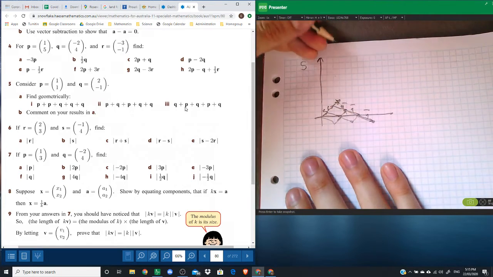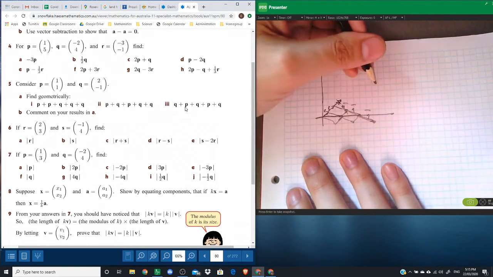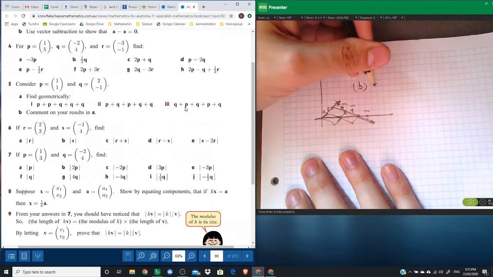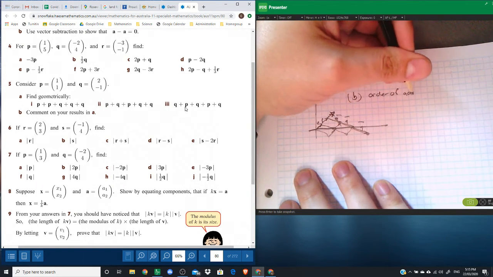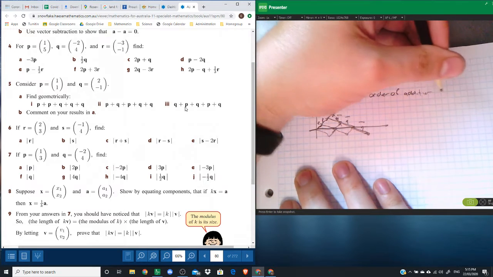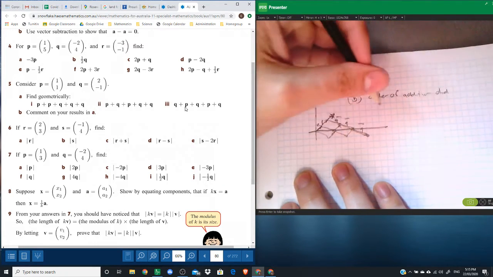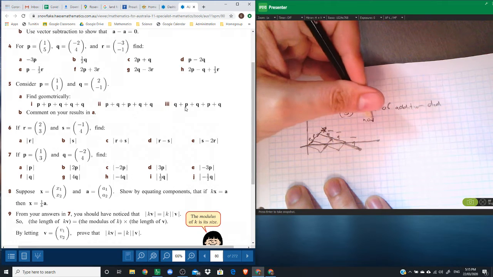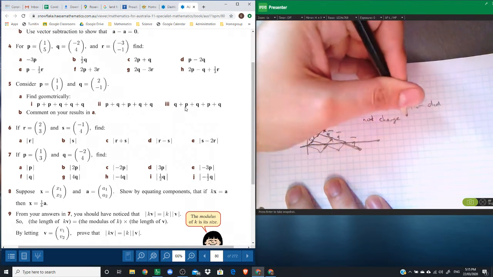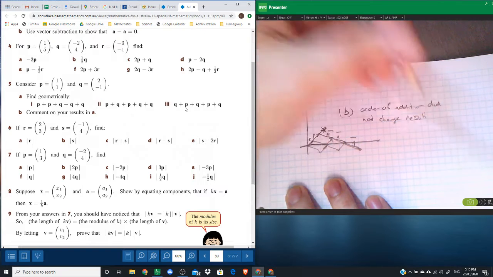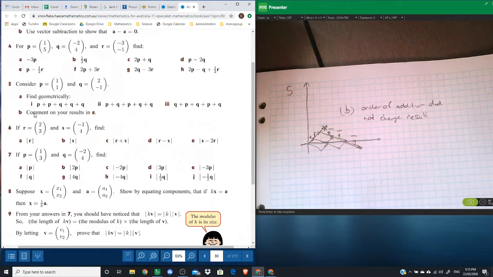So what we can see from part A and part B is that the order of addition did not change the result, because in all those parts there are 2 P's and 3 Q's.